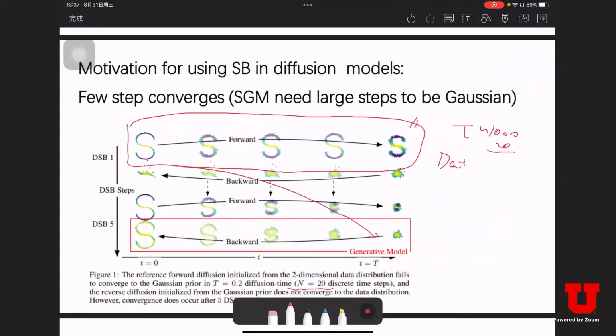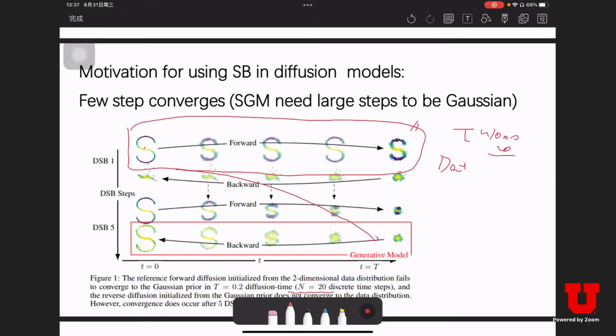With only 20 steps you run the data from the S curve, and we also get an S curve. It becomes kind of noisy, but it still doesn't converge to real noise. So if we train a backward model with these settings, it should be hard, because our backward sampling will start from some real Gaussian, and the backward learning is bad because the forward learning is bad.